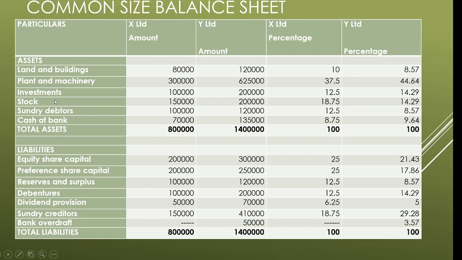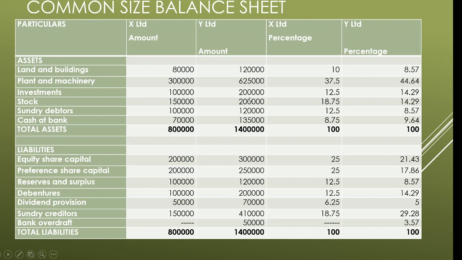Similarly, investments, stock, sundry debtors, cash at bank and the total is 8 lakh rupees and 14 lakh rupees. Afterwards, we write all the liabilities. The equity share capital 2 lakh and 3 lakh, preference share capital 2 lakh and 2,50,000, reserves and surplus 1 lakh and 1,20,000, debentures, dividend provision, sundry creditors, bank overdraft, and the total is 8 lakhs and 14 lakhs.